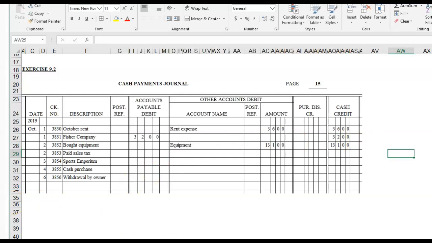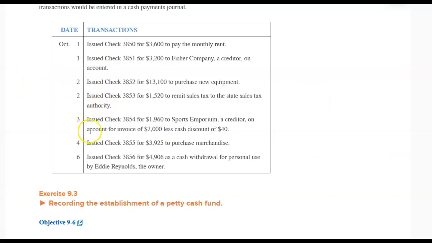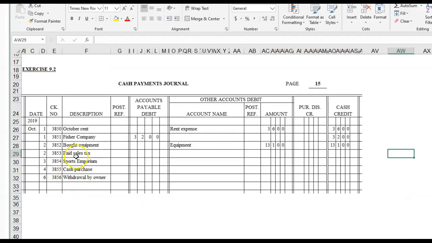Okay, the next one was we paid a sales tax. Issued a check to remit sales tax to the state, $1,520. So we paid our sales tax. So this is going to affect the account called sales tax payable. It sits in the payable account because you owe it until you pay it.